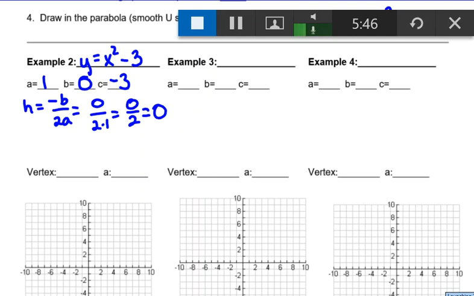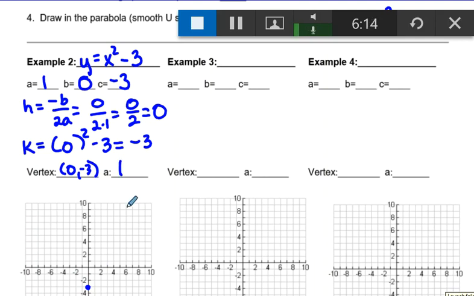All right, and then we're going to plug that back in. So let's see, k is going to be something squared minus 3, and you plug the 0 in. So what's 0 minus 3? -3. Yeah, so your vertex is 0, -3. So you want to plot 0, -3.